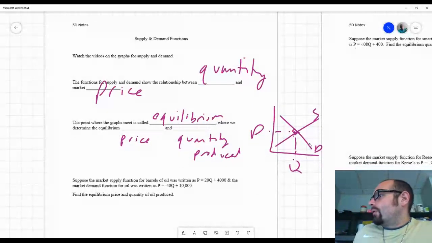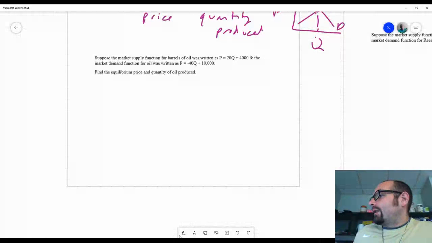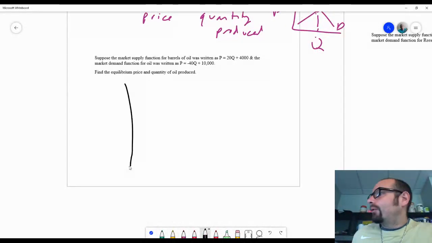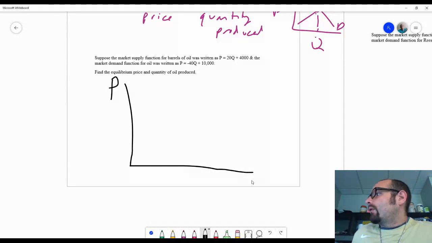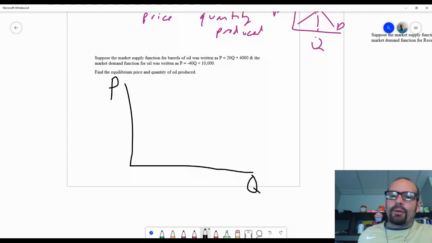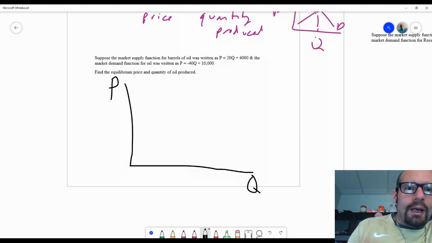So if we were to do this in these graph equations, I just put price as a function of quantity, not really the other way around, but the axes are drawn like this. So if we have our supply function, price is equal to 20Q plus 4,000.